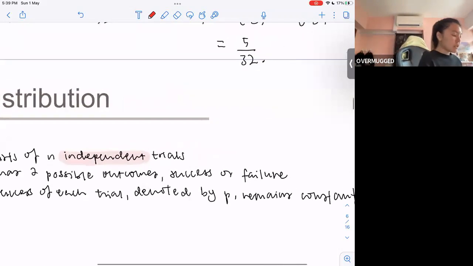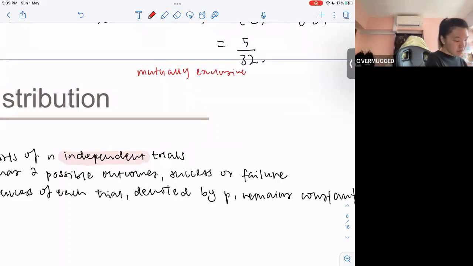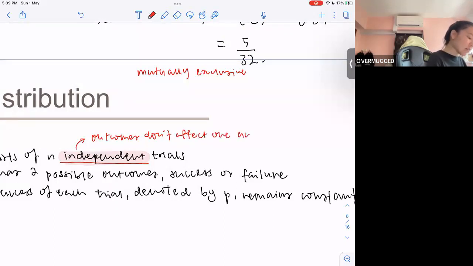In probability, we have learned this word mutually exclusive, and then we have independent. Independent means that the outcomes don't affect one another, versus mutually exclusive means that the two events cannot happen at the same time.